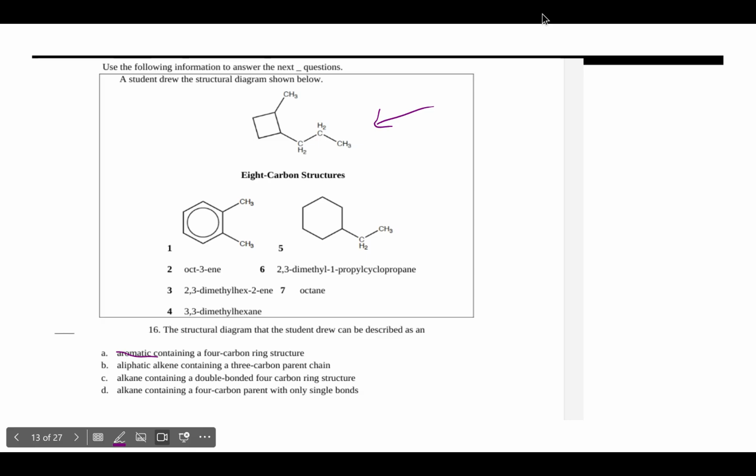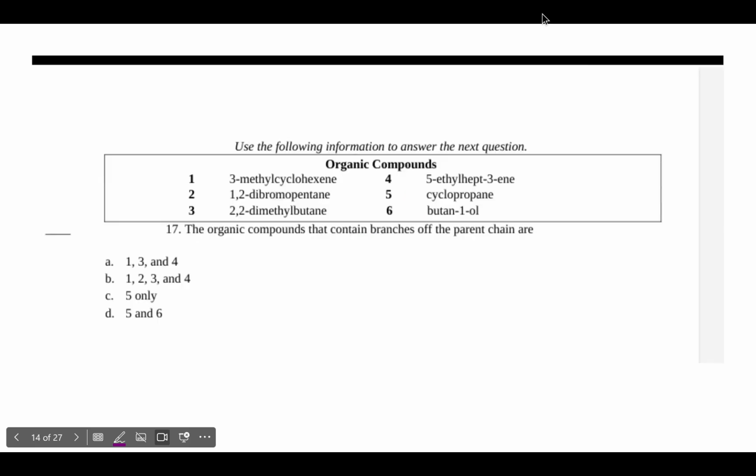B, aliphatic alkene. Nope, I don't have any double bonds. C, alkane containing a double bonded 4-carbon ring structure. No double bonds. D, an alkane containing a 4-carbon parent with only single bonds. That looks like our best answer is going to be D. And as mentioned, the rest here was probably because there's another part to this question.